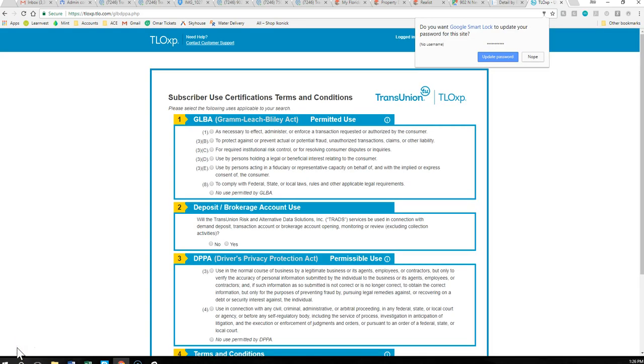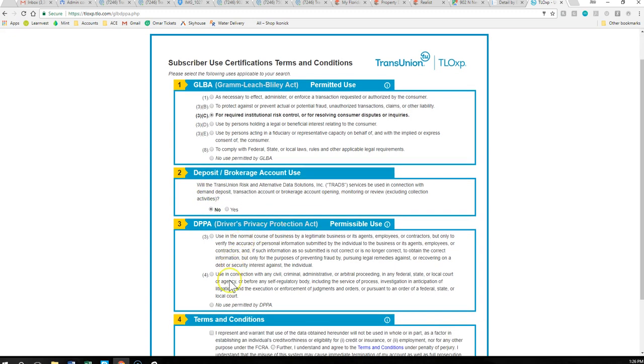And again, I'm going to give you the username and password for this. So what you're going to want to do is, this is the first thing that comes up. You put 3C, you put no right here, and then you put 4. I'm sorry, 3. I got this all messed up.